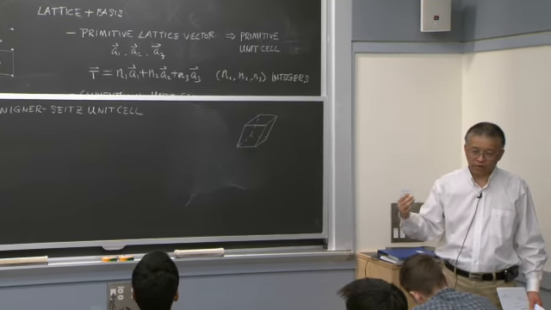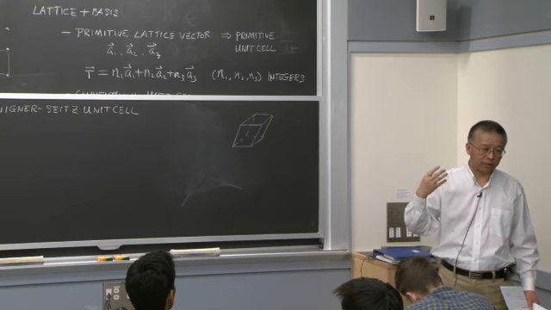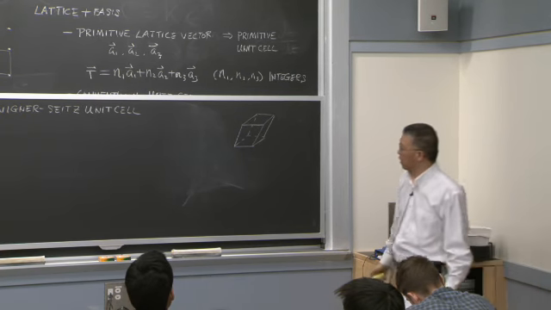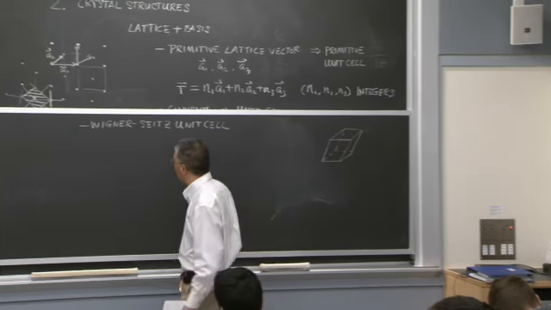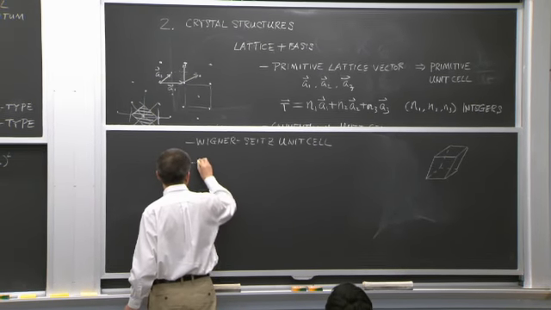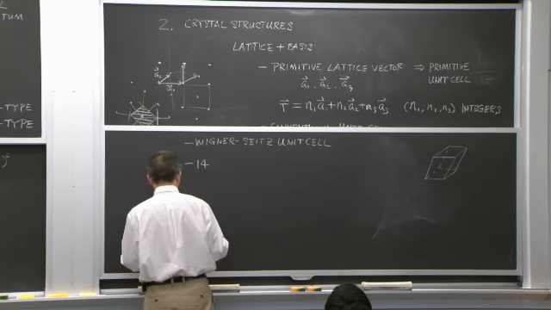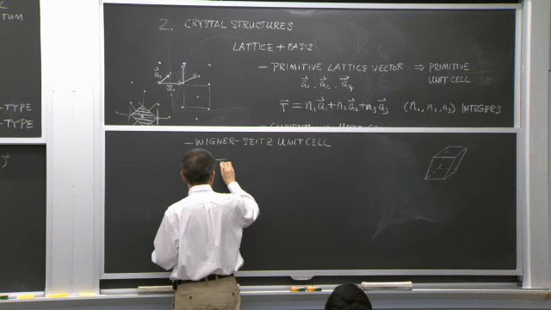But then there are different symmetries. If you add the symmetries, it turns out there are only a total of 14 types of the crystal lattice.